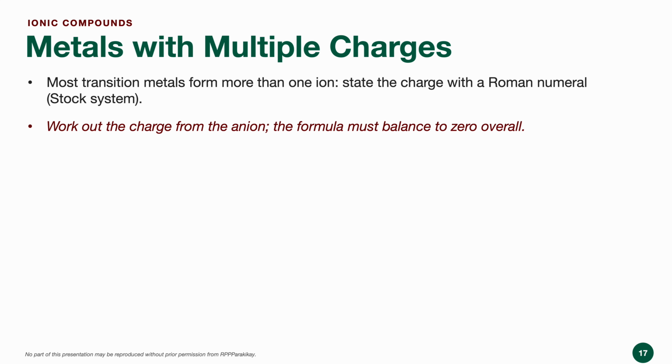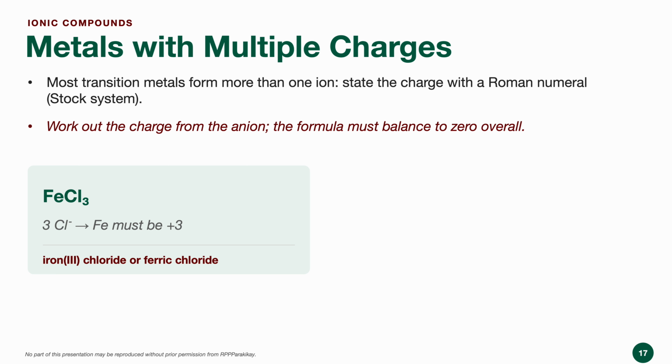So for example, FeCl3, since we have 3 chloride anions, and each chloride anion carries a -1 charge, therefore to be electrically neutral, the iron ion needs to have a +3 charge. So we name it as iron(III) chloride, or if we use the old system, that's ferric chloride.